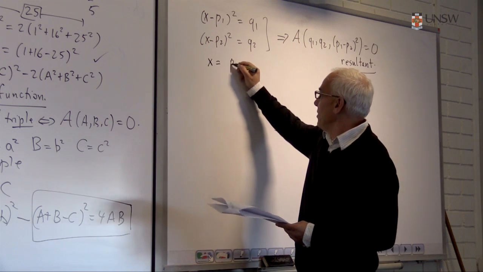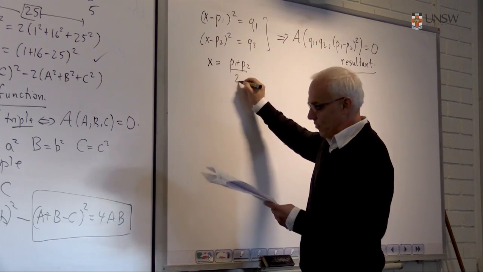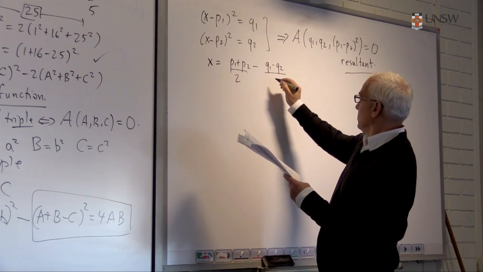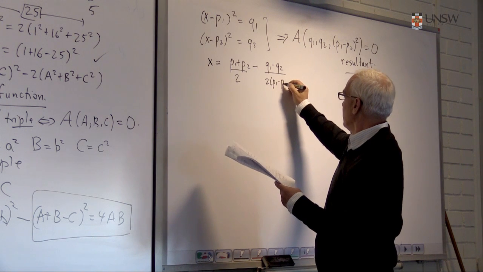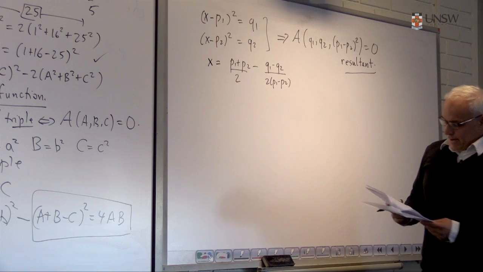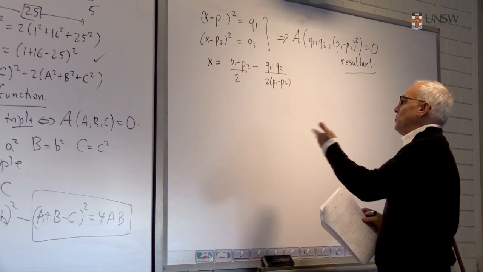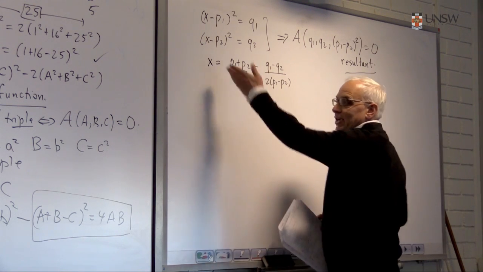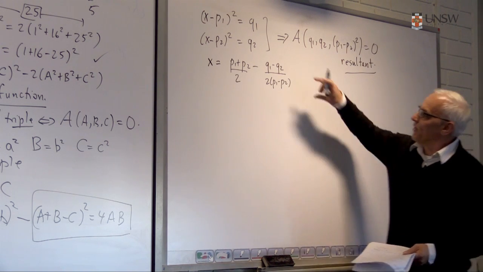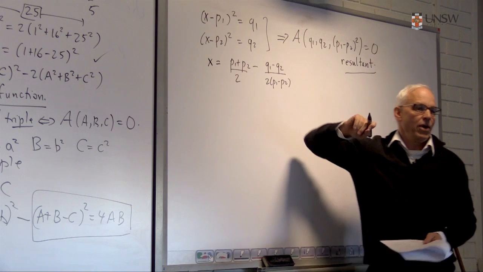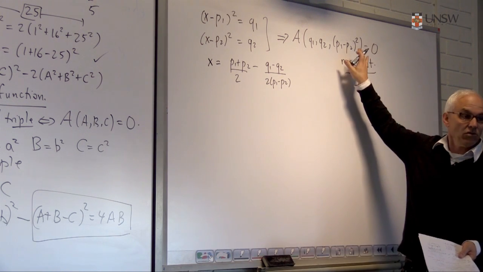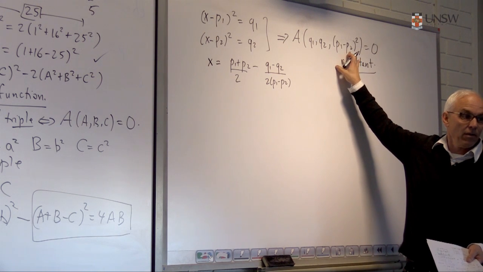You get x equals (p1 + p2)/2 minus (q1 - q2)/(2(p1 - p2)). And then the usual thing, to establish a relationship between the coefficients, is to plug that back into either one of the equations, and then we get an equation only involving the four original coefficients, and that turns out to be essentially this one here.